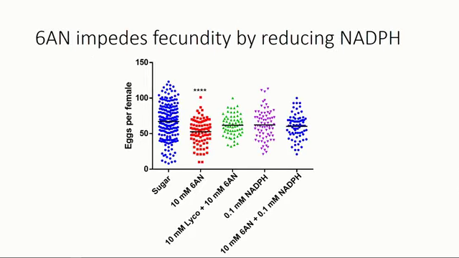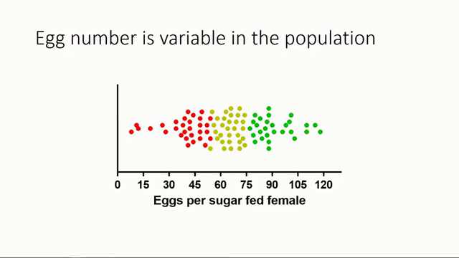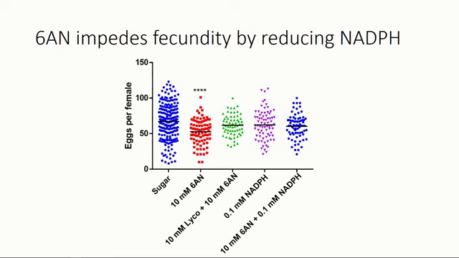The next experiment that we did is we looked at feeding 6-AN, so inhibiting NADPH production. And what we find is that 6-AN lowers egg production. However, when we feed lycopene, which will reduce oxidative stress, we see it returning to baseline.